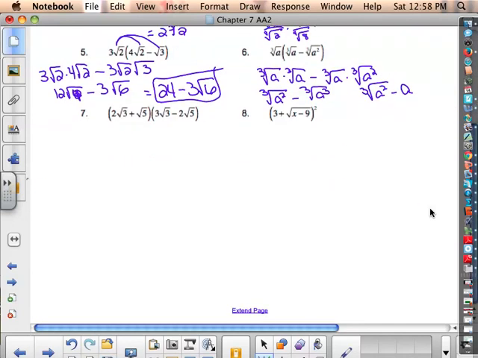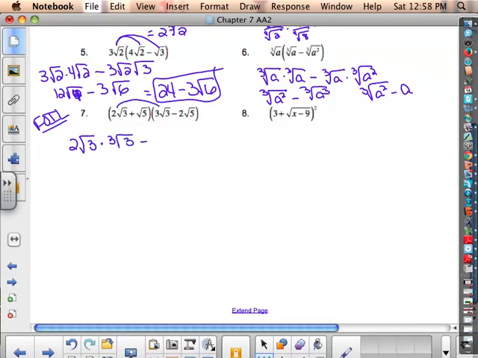Okay, number 7, now I'm going to multiply these two binomials. And again, this is the same as what you've already done. It's just that before you've done it with variables and integers, and now you're going to do it with radicals. So you're just going to FOIL: first, outer, inner, last. So the first is going to give me 2 root 3 times 3 root 3.